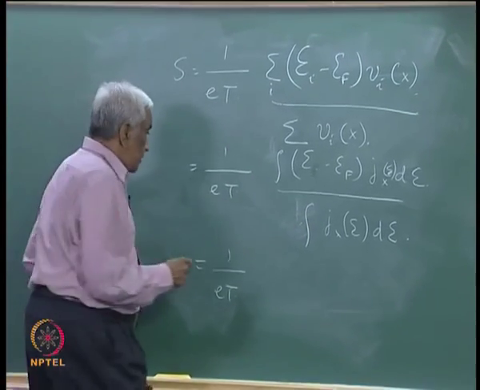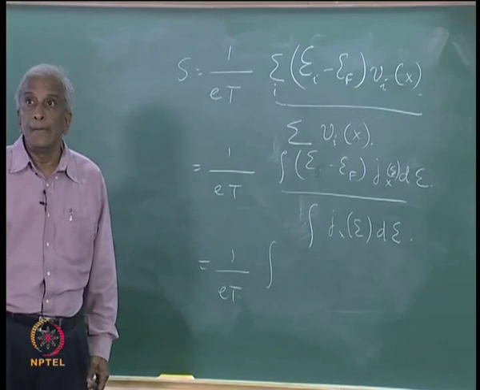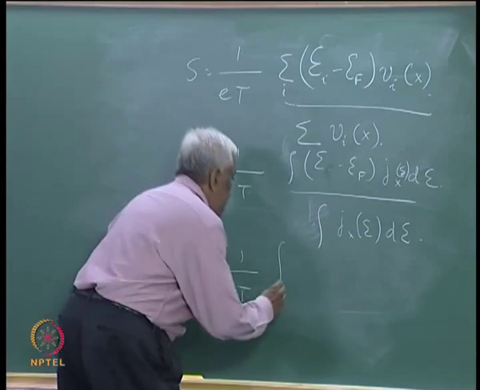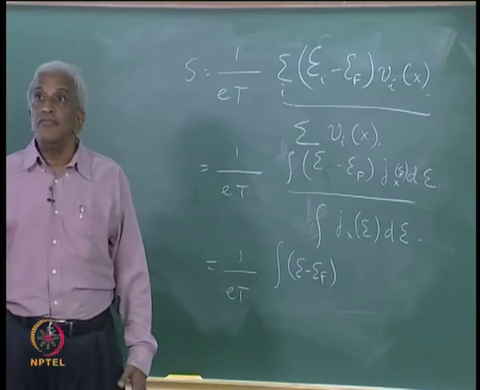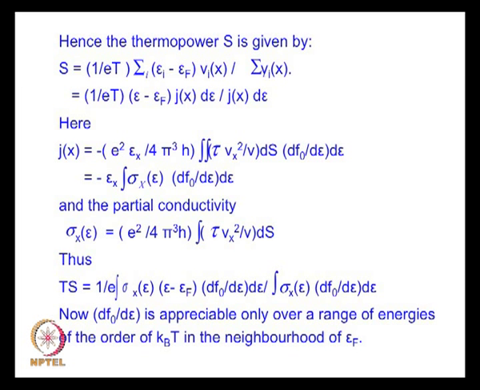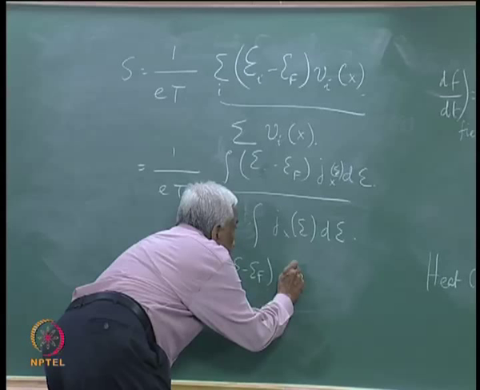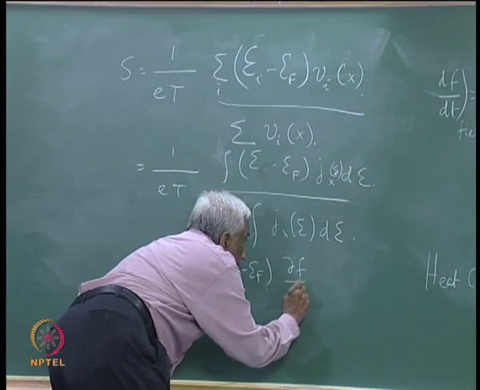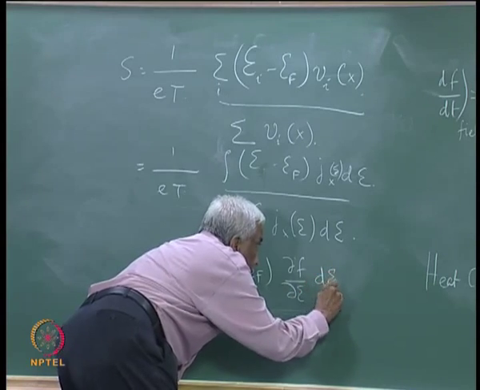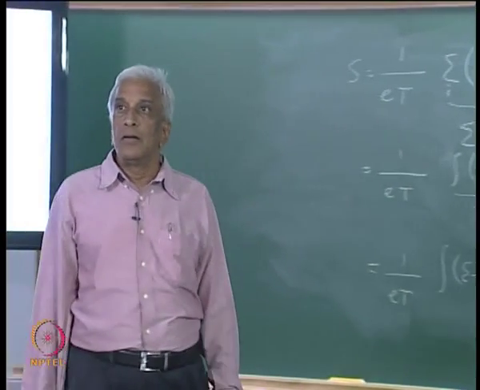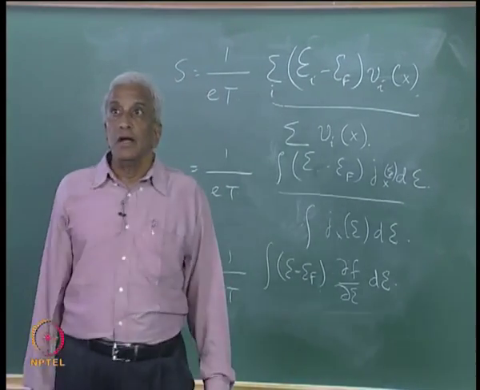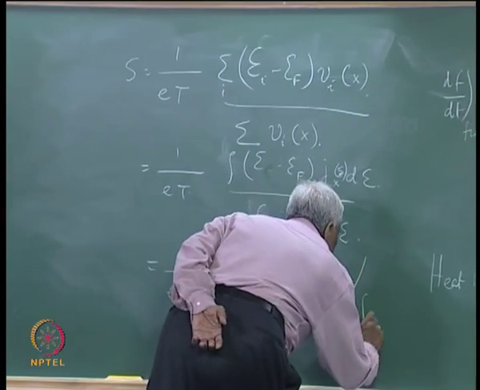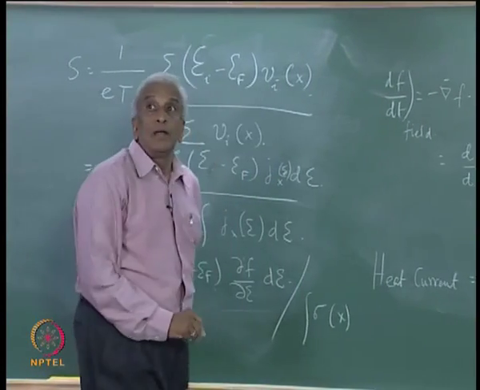Borrowing all these expressions, we get the integral of (E minus E_f) and then sigma of E into tau v_x squared divided by sigma, times the derivative of f with respect to E.